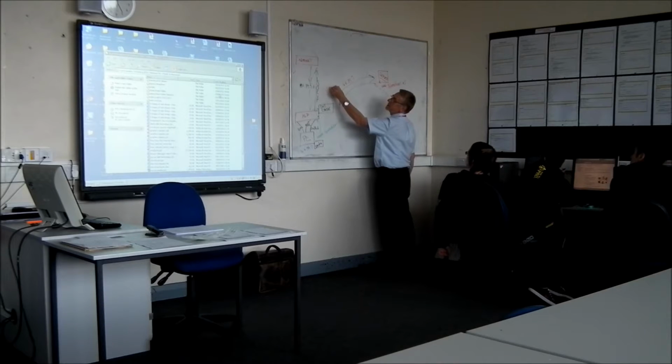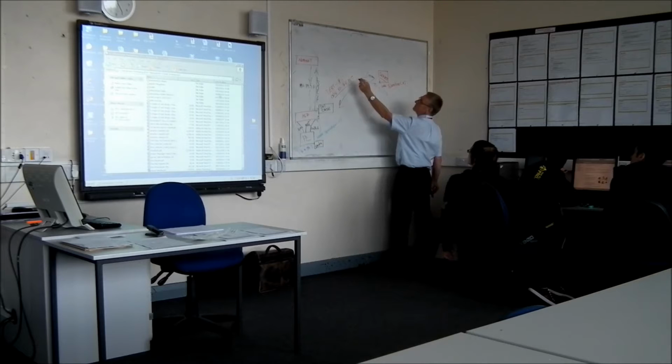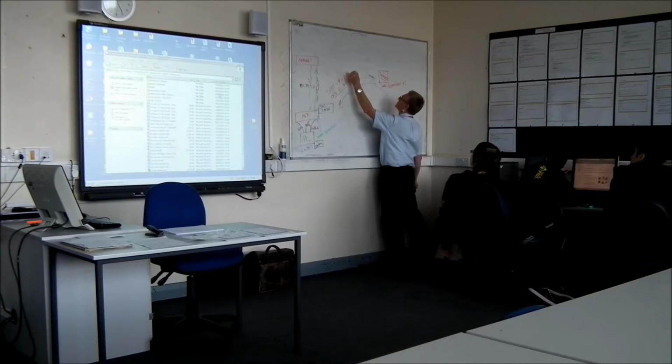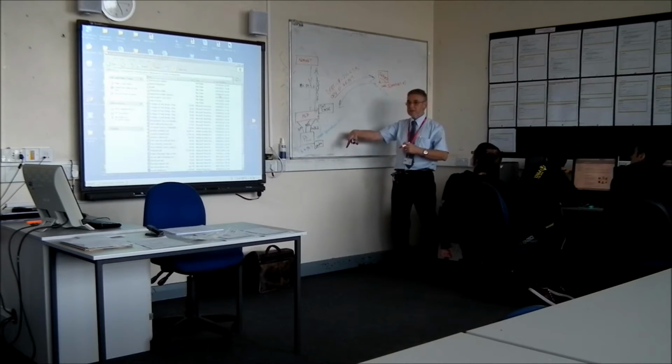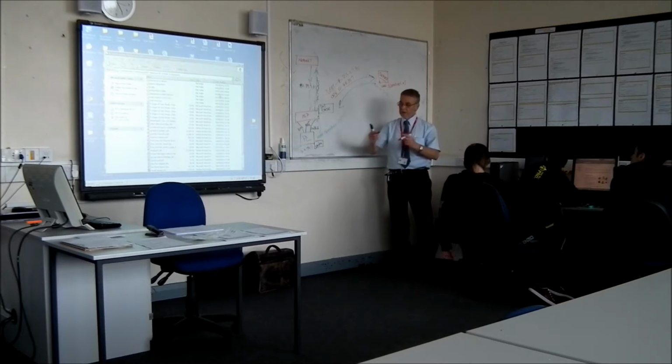So the first one is your destination IP. That's the one we have to look up. This one. So the page is sent back to the originating IP, which is us.